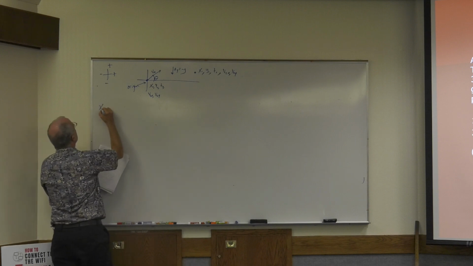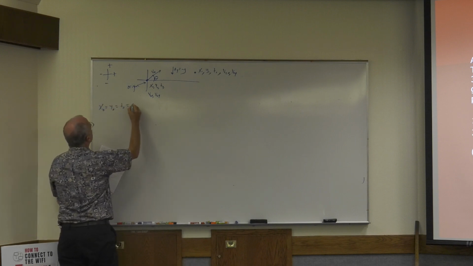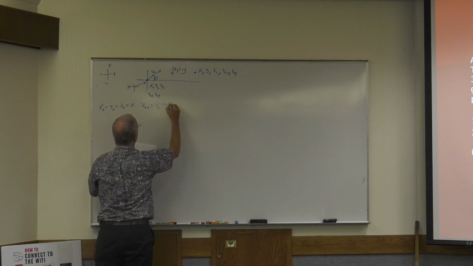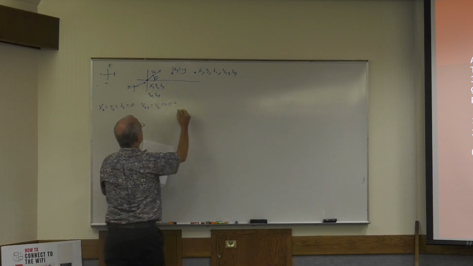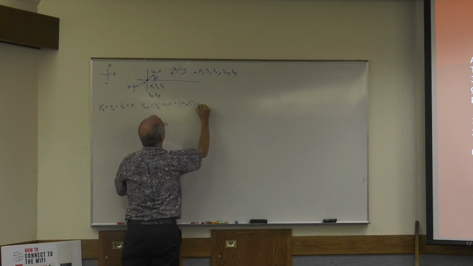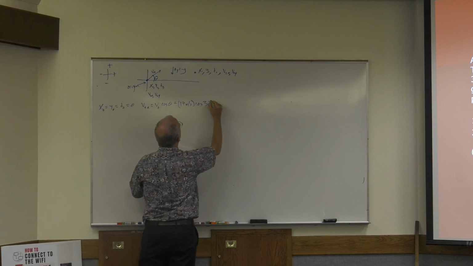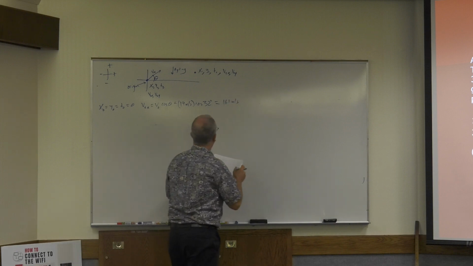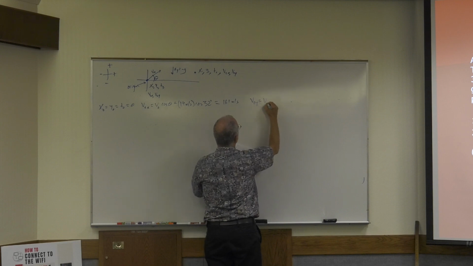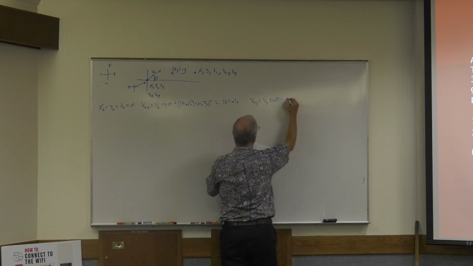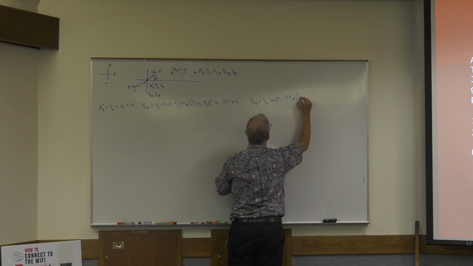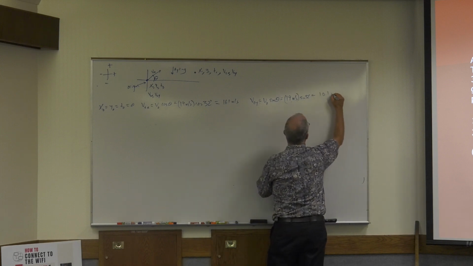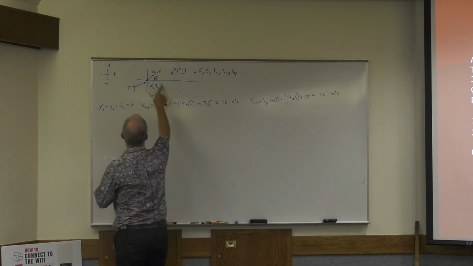So x0 equals y0 equals t0 equals 0. v0x equals v0 cos theta, which is 19 meters per second times cosine of 32, and that is 16.1 meters per second. v0y equals v0 sine theta, so it's 19 meters per second times sine 32, and that is 10.1 meters per second. So I got all 5 of these things.